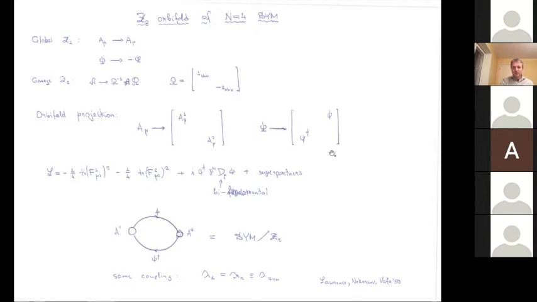As a result, we get a theory with two independent gauge groups and the matter in the bifundamental representation, because this is how diagonal gauge transformations act on off-diagonal blocks of psi.